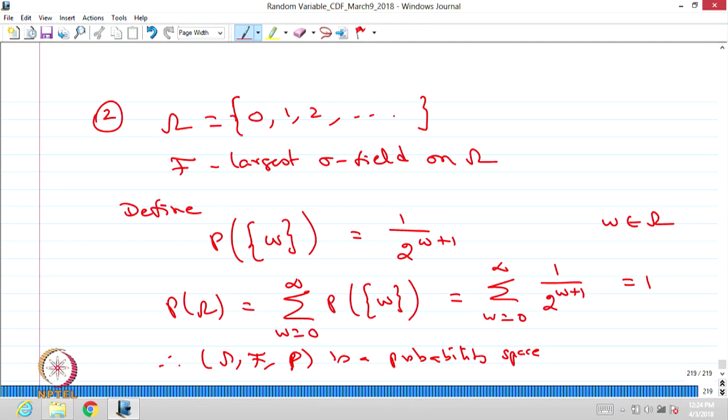So I have just created the easiest one, that is 1 divided by 2 power omega i plus 1, because I know that the summation of this is going to be a convergent series, and that summation is going to be 1. Therefore I have created a probability over this.